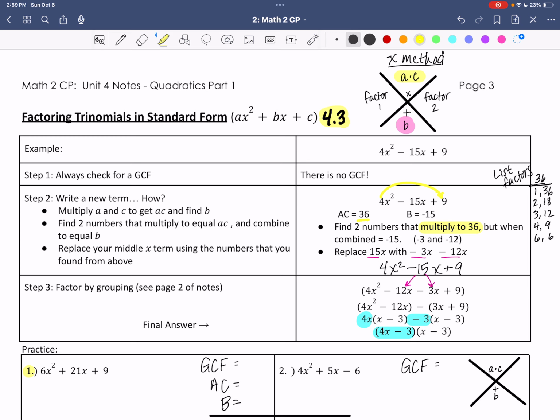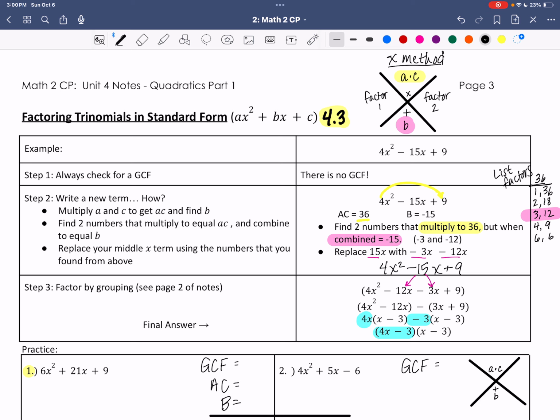Well, they all multiply to 36, so that doesn't really help us. But when combined, it's negative 15. Well, I've got 3 and 12 here. If you were to make both of those negative, it would actually work. Negative 3x and negative 12x equals negative 15x. So I'm going to use this, but I'm going to make them both negative.